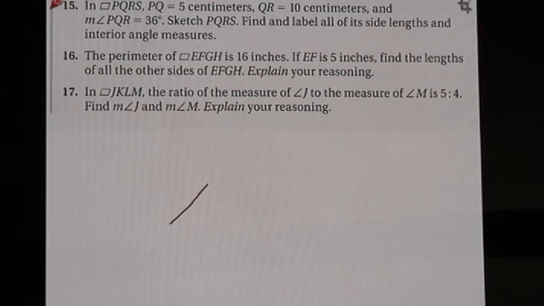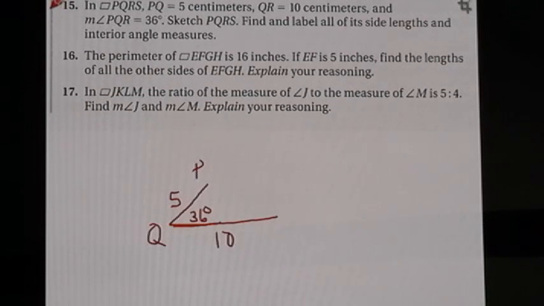We know PQR is 36 degrees, so we're going to draw an acute angle. And then this is going to have to be P up here somewhere. So P is 5 centimeters. Q, and then R, QR is 10 centimeters, so we need to make this side twice as long. It doesn't have to be exact.